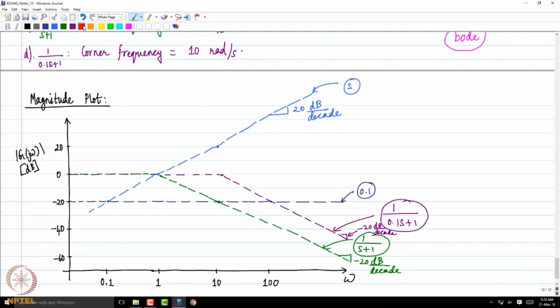So what will happen, I have this plot for this s term, which essentially is a straight line with a slope of plus 20 decibels per decade, but that's going to be shifted down by minus 20 decibels. Why? Because I have the factor of 0.1, right. So let me start by plotting the Bode plot till the corner frequency of 1. I need to shift the graph of the s term by minus 20 decibels, okay.